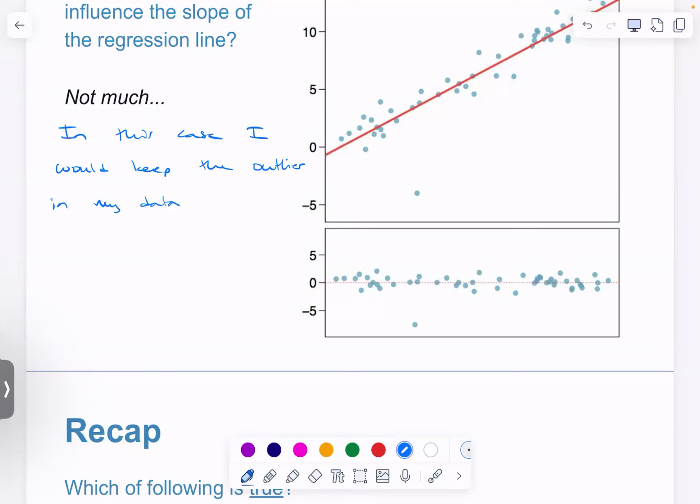Right, because it doesn't change the slope or my predictions that much, right? And so we always try to keep as much data as possible.